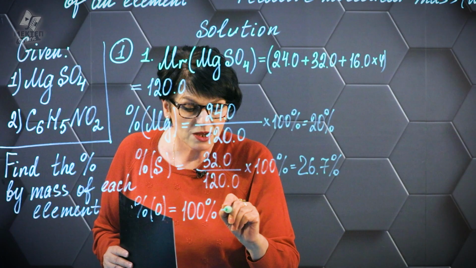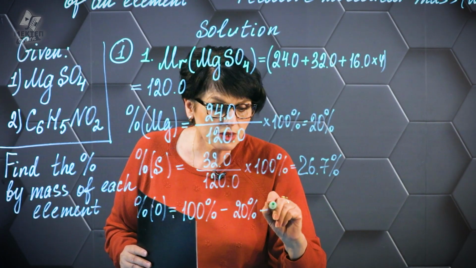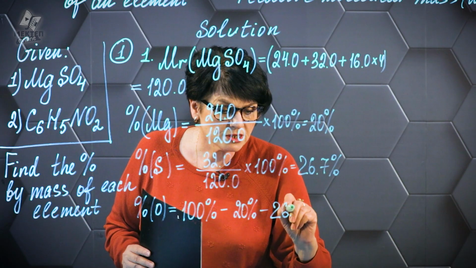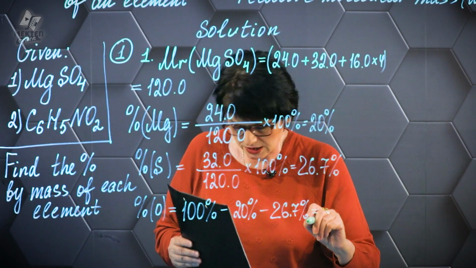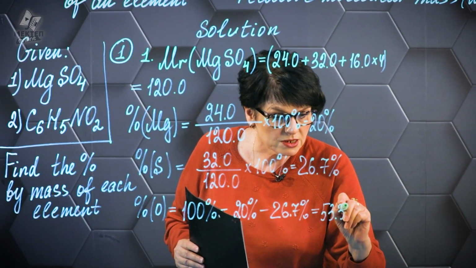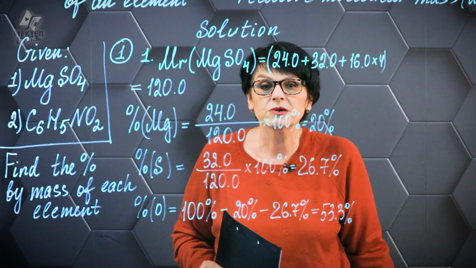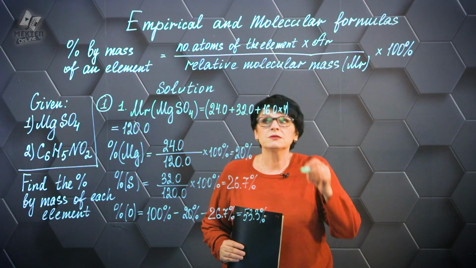We will subtract 20% for magnesium and 26.7% accounted for by sulfur from 100%. And then oxygen will account for 53.3%. All right, our calculation for MgSO4 is done.